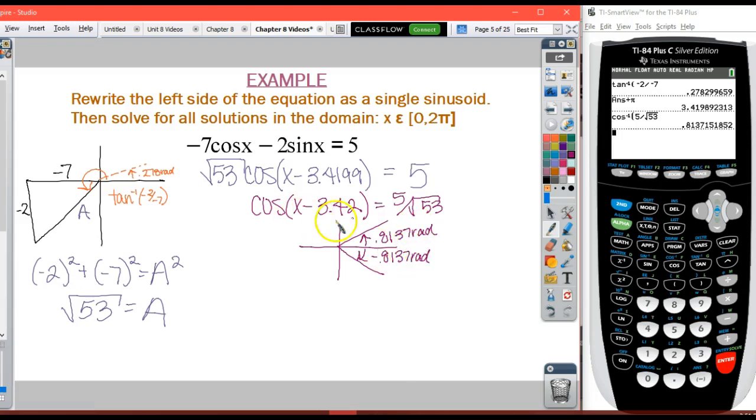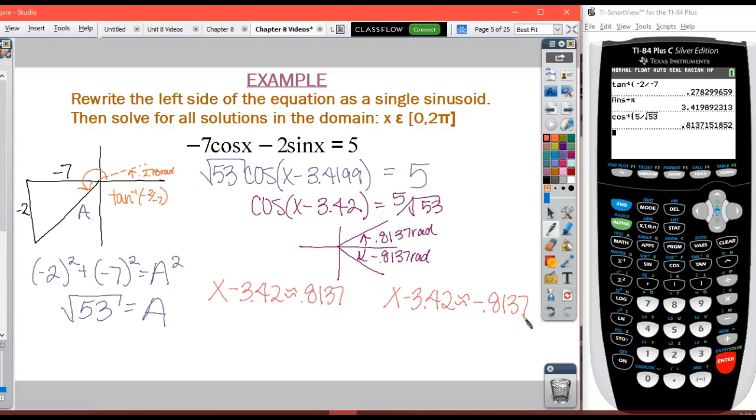Well, that's what the inside of the cosine needs to equal, so I'm going to rewrite this as two separate answers. So we have x minus 3.42 needs to be approximately equal to 0.8137 radians. x minus 3.42 would also need to equal negative 0.8137 radians.